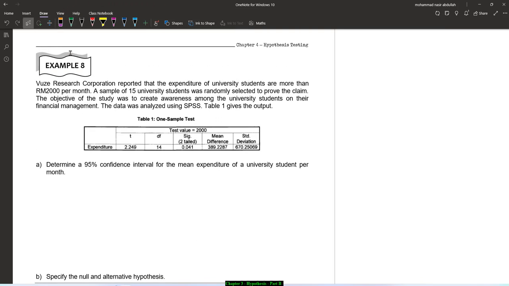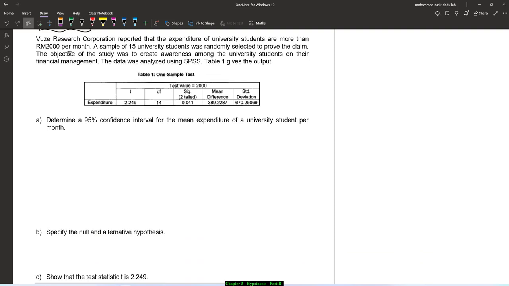Example number 8. Views Research Corporation reported that the expenditure of university students is more than 2,000 per month. A sample of 15 university students was randomly selected to prove the claim. The objective of the study was to create awareness among the university students on their financial management.